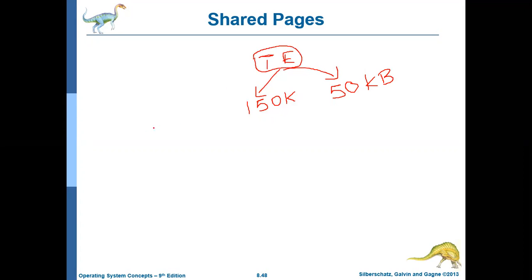Assume that 40 processes want to access this text editor at the same time.